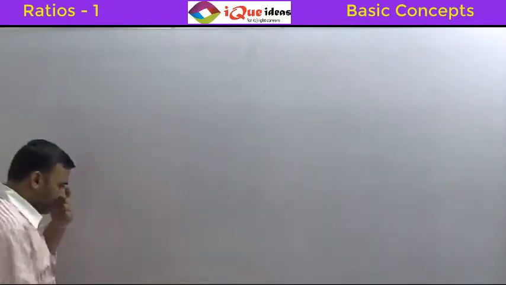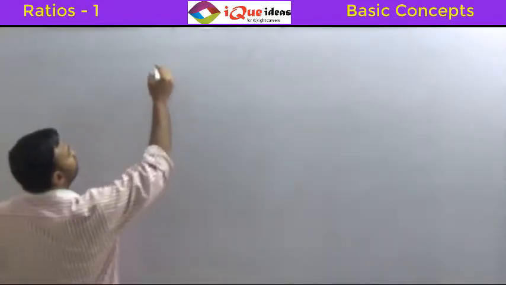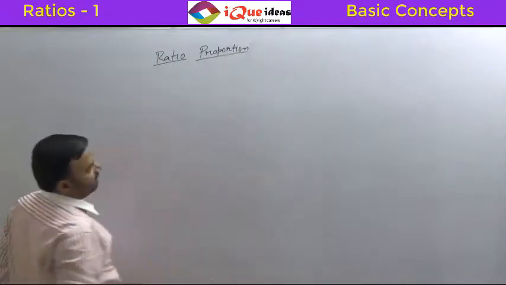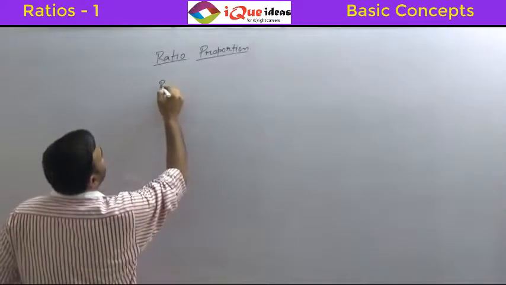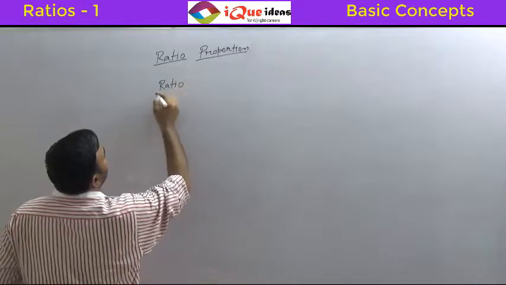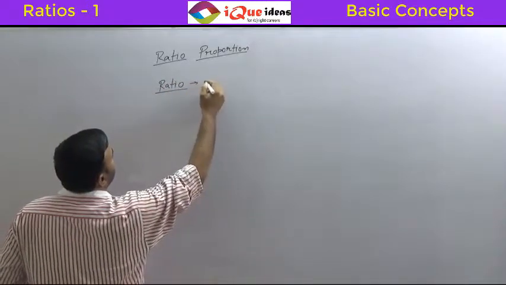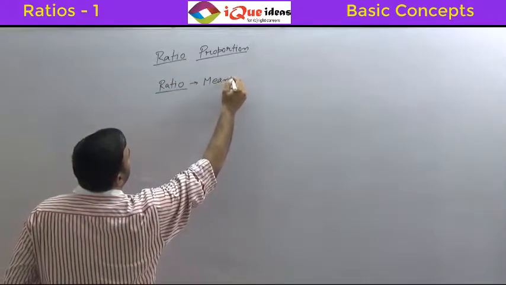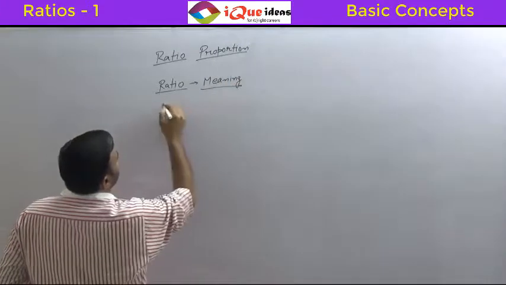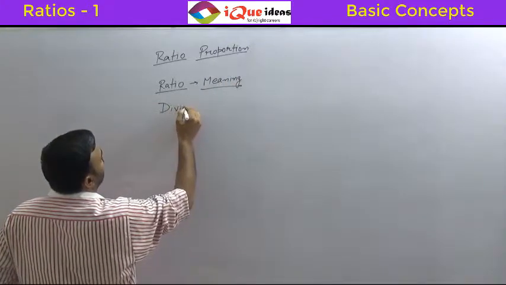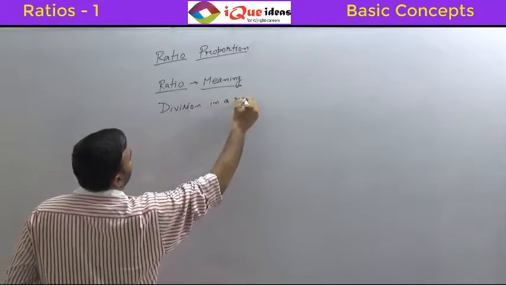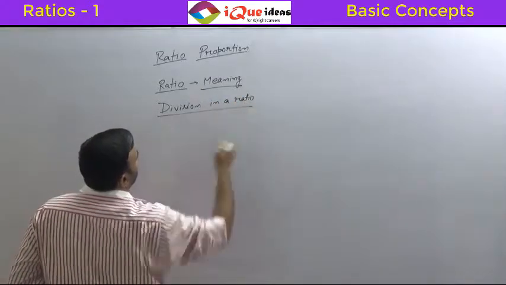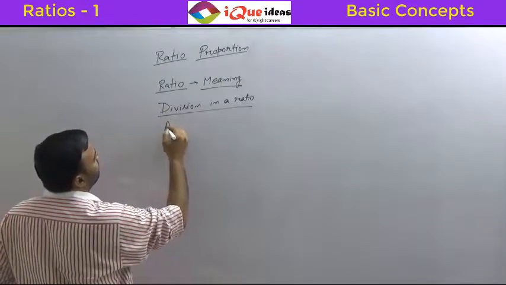In this session, we will take up ratio and proportion. The various subtopics that we will be considering here are ratio, their meaning, division of a given number in a ratio. Then we will do some applications.